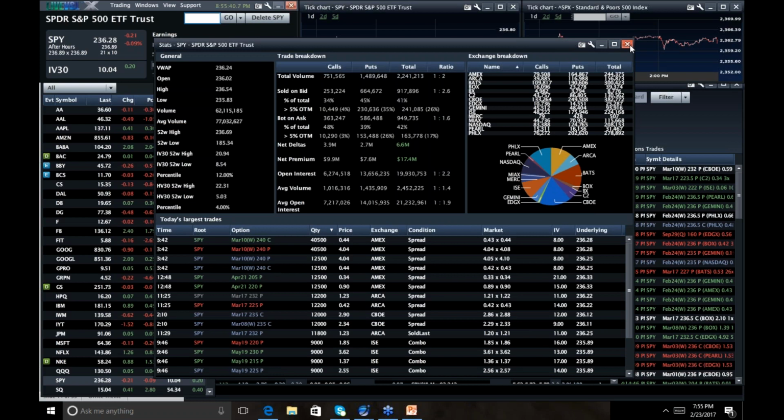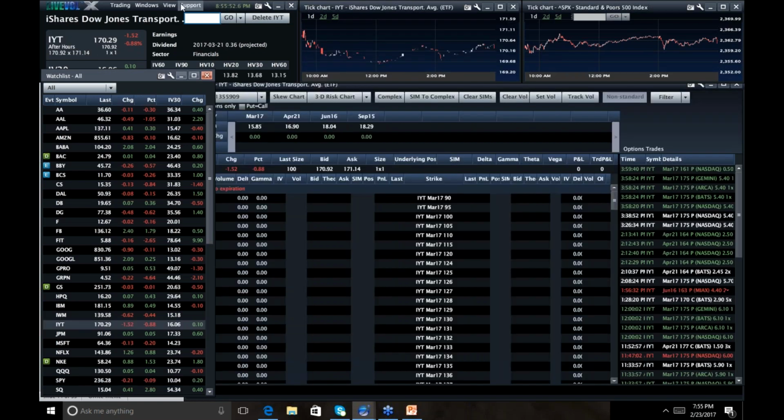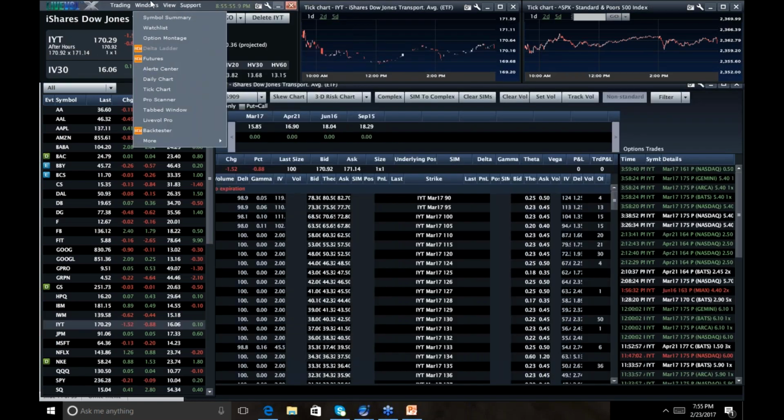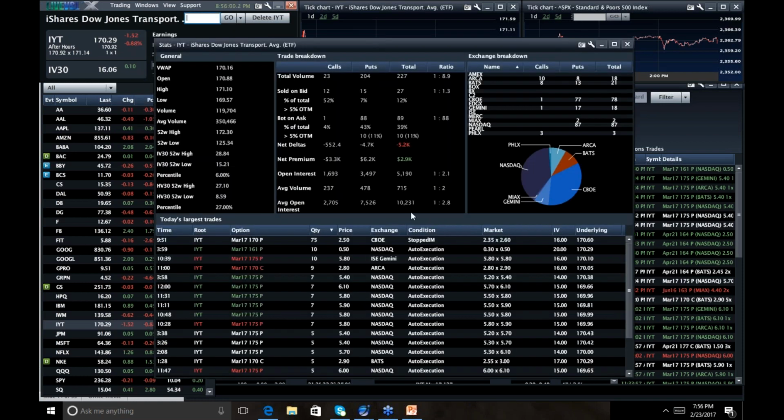Then let's pick something else, IYT, the Dow Jones Transports. This has a total open interest of only 5,000 contracts and a daily average volume of 700. So it's going to be hard to get anything filled in this because there's nobody trading it.